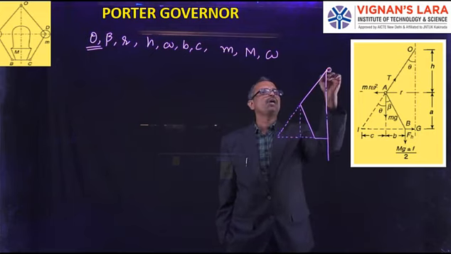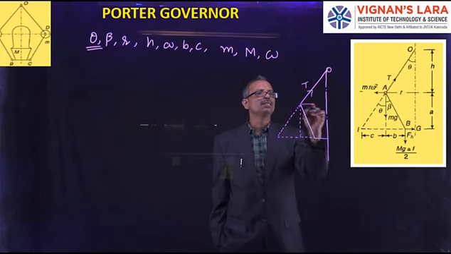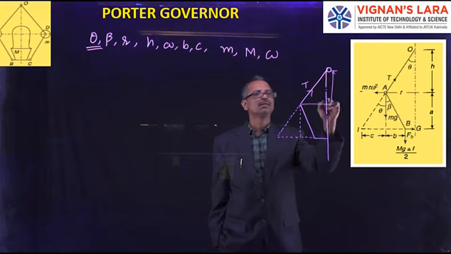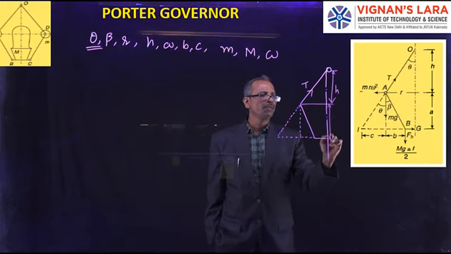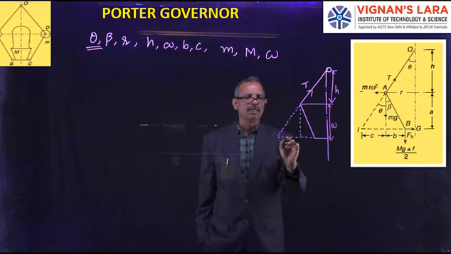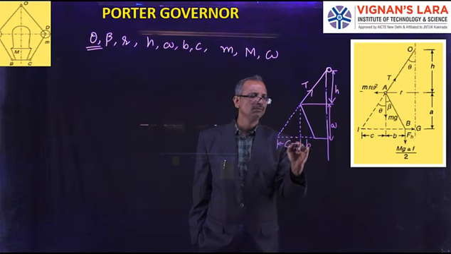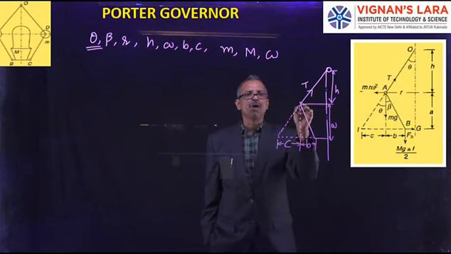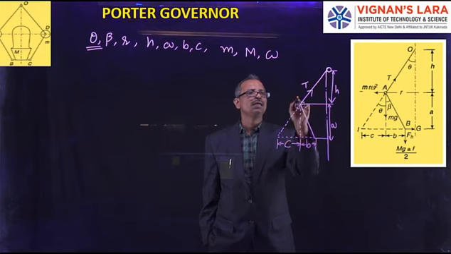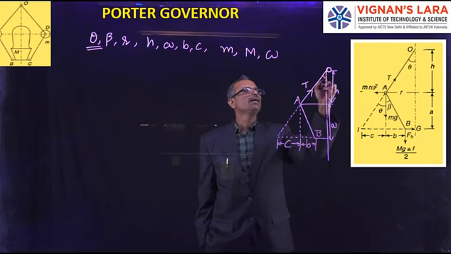I have named this point O, and this upper arm is under the tension T, and this is the lower arm, and this is the height of the governor, which is H. Then this distance is A, this distance is called C, and this distance is called B. Let me put a ball point where the mass is, a point called A, and this is the point B. This angle I defined as theta.